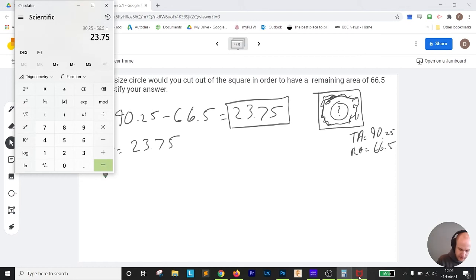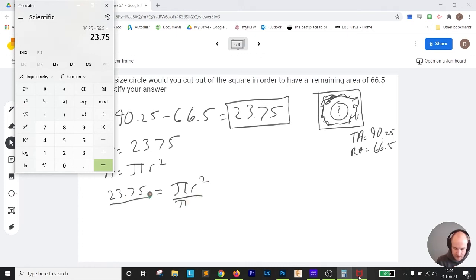So we've got to look at the area of a circle in terms of a formula. And the area of a circle is pi r squared. So we've got 23.75 equals pi r squared. And we've got to isolate this. There's a couple ways you can do that. One simple way is we can eliminate pi.